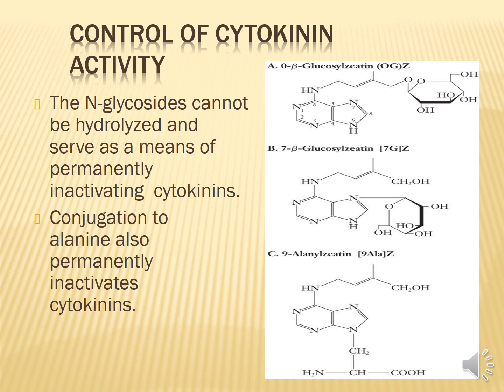So they cannot be hydrolyzed and serve as a permanently inactive cytokinin. It's different from the conjugation with the glucose, which is able to be hydrolyzed with the enzyme and able to restore back the active form.